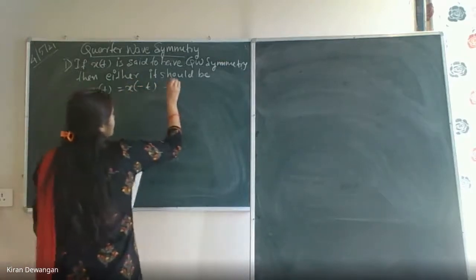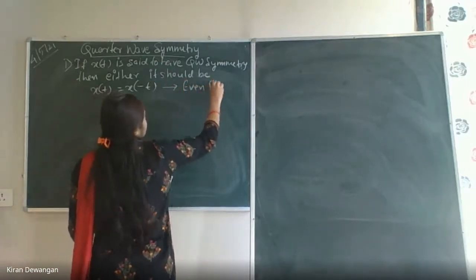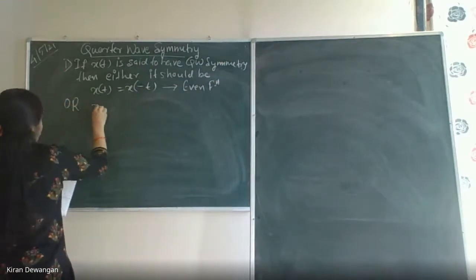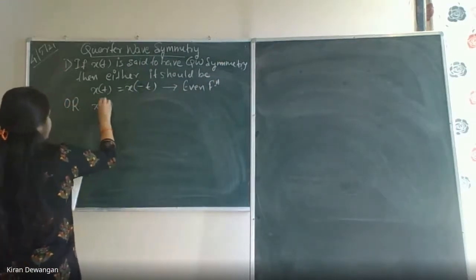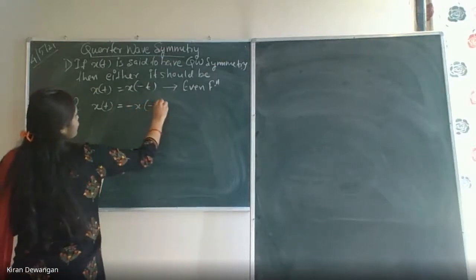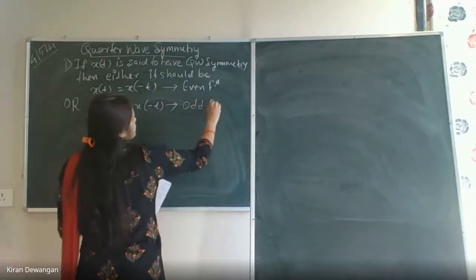That is, it should be an even function, or x of t should be equal to minus of x of minus t. That is an odd function.